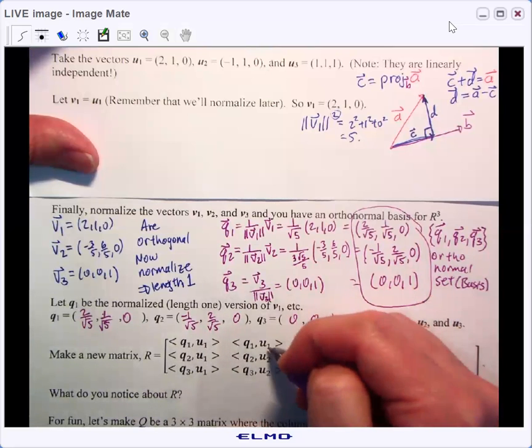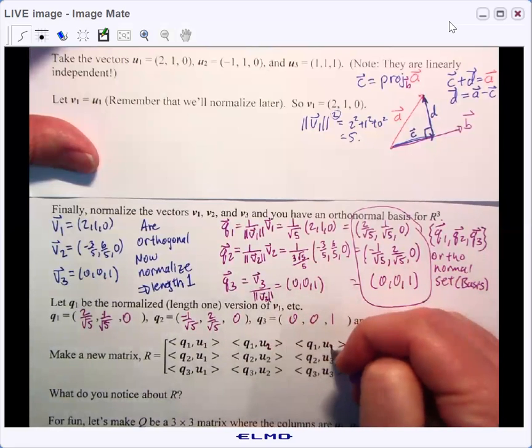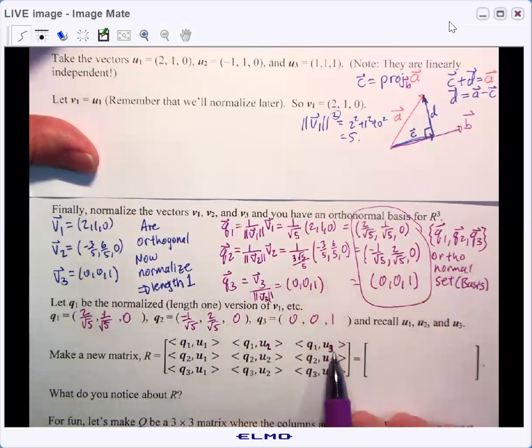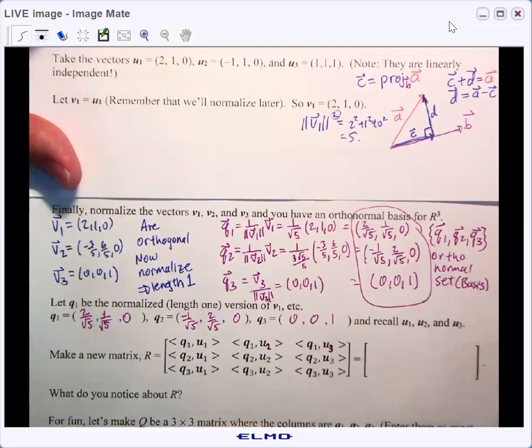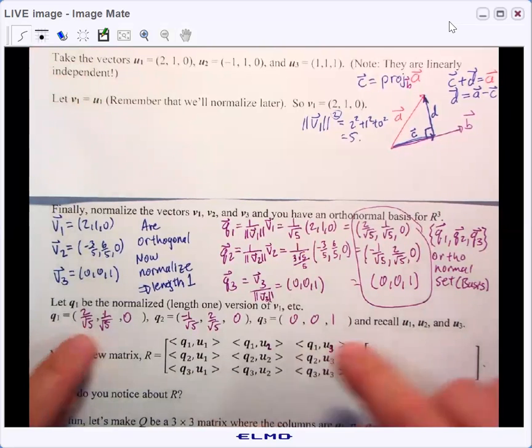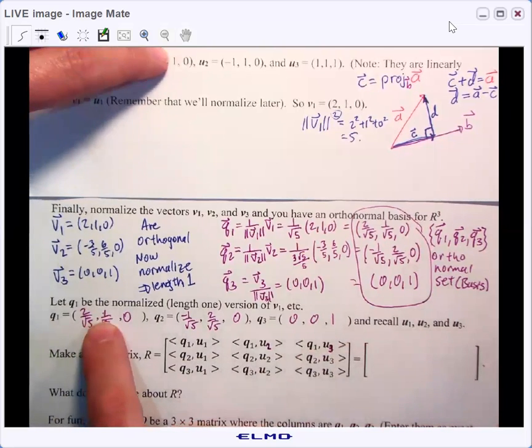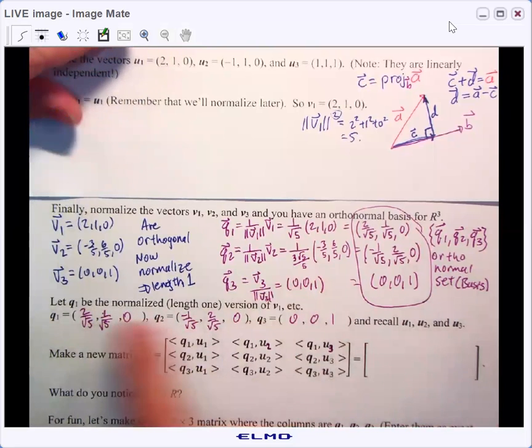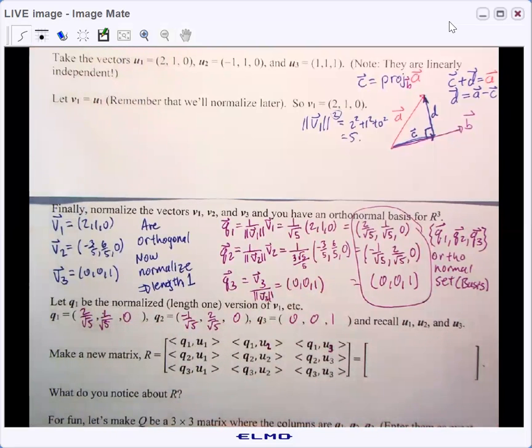Uh-oh, this is supposed to be the 1, 2. Uh-oh, typo. And 1, 3 position. Q2, 1, 2, 2, 2, 3, 3, 1, 3, 2, 3, 3 positions. Okay. So I'm going to pause the video while you do the inner products of these, all possible pairs here. Okay.